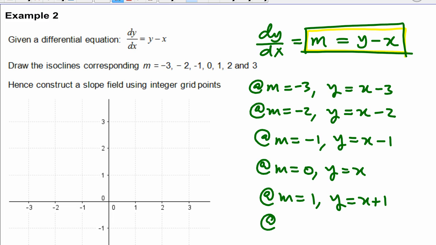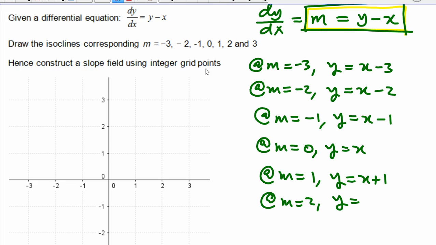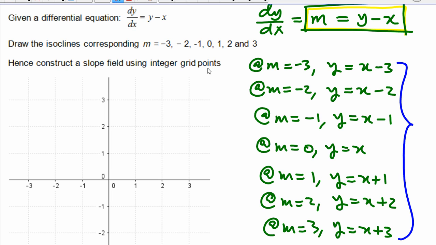At m equals 2, y will be equal to x plus 2. At m equals 3, y will be equal to x plus 3. All these are what we call isoclines.